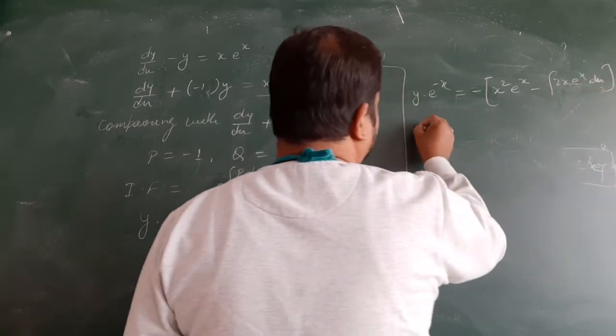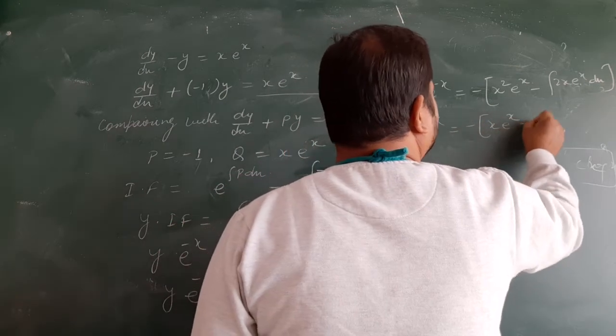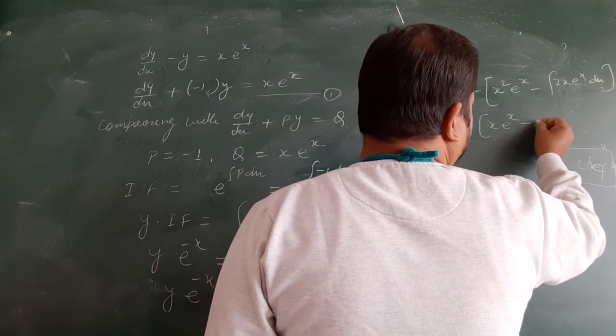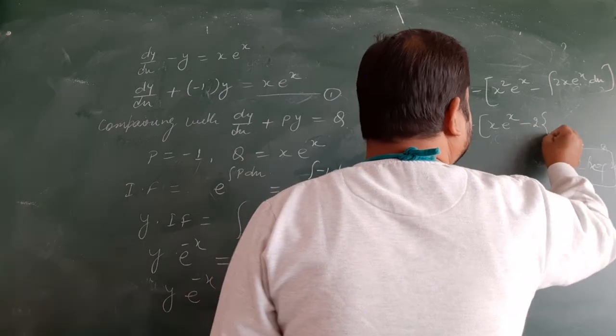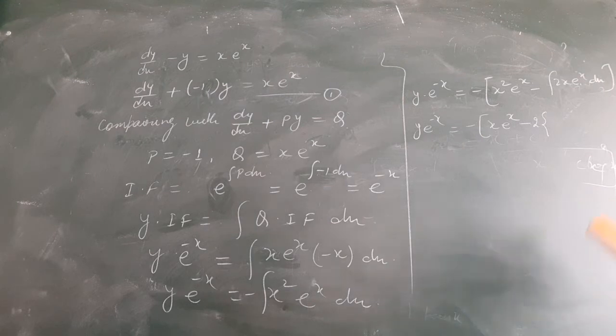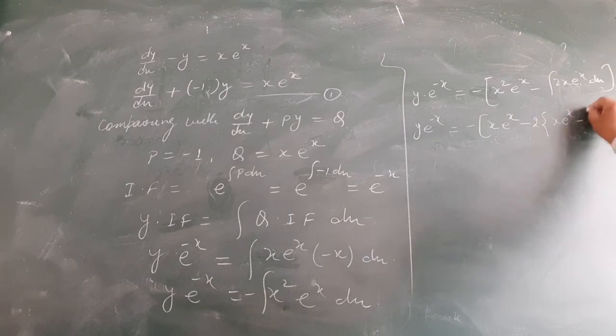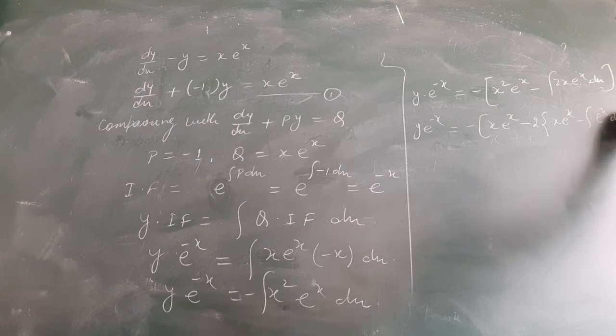Now this is y into e to the power minus x equal to minus of x square e to the power x minus 2 within this bracket. Again we integrate by parts. We will get x e to the power x minus integral of 1 into e to the power x dx within bracket.